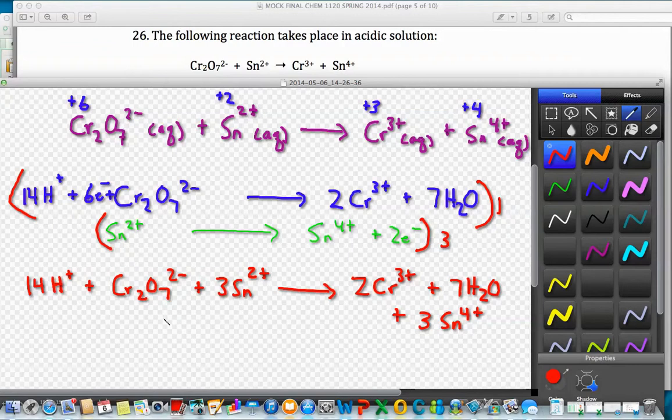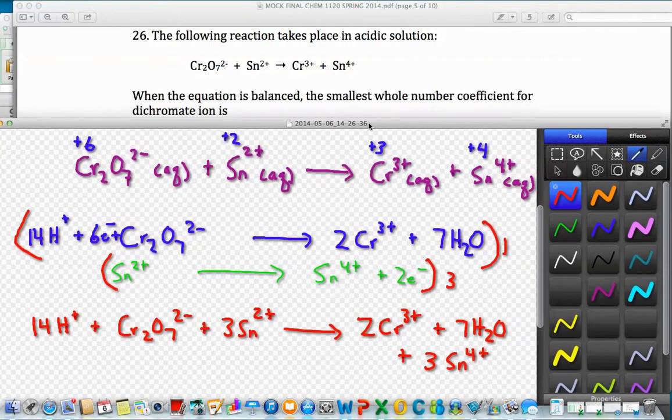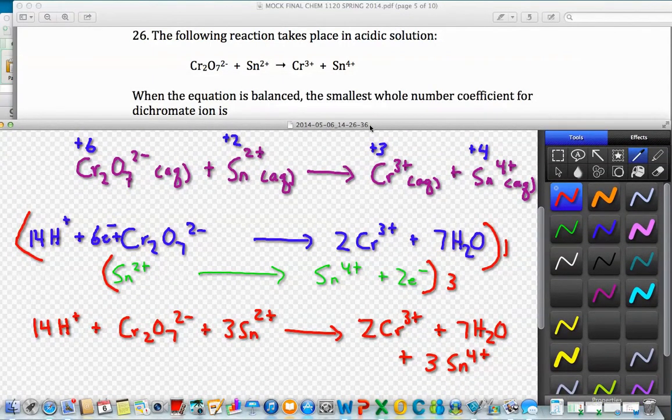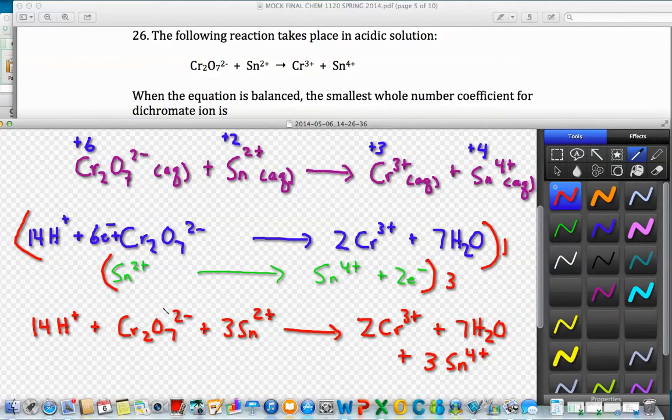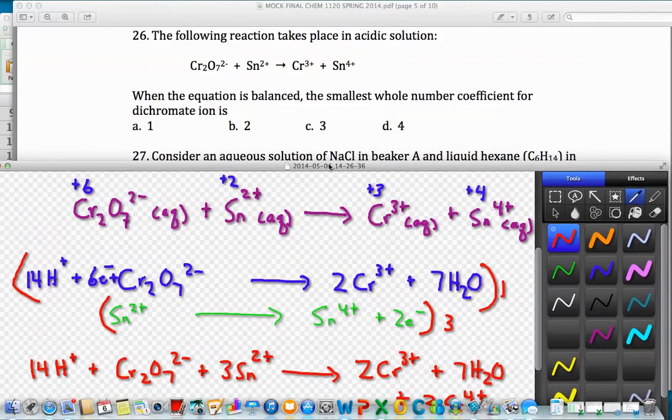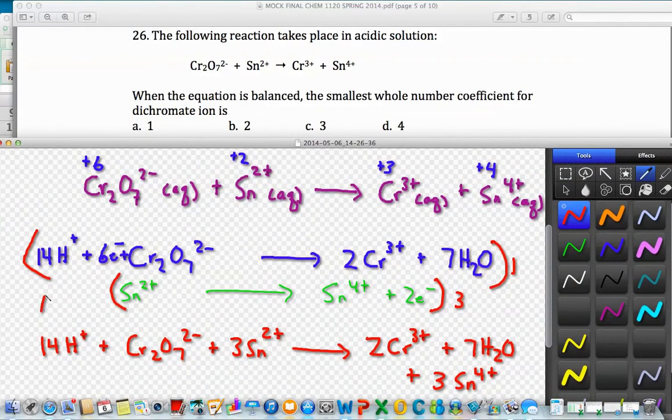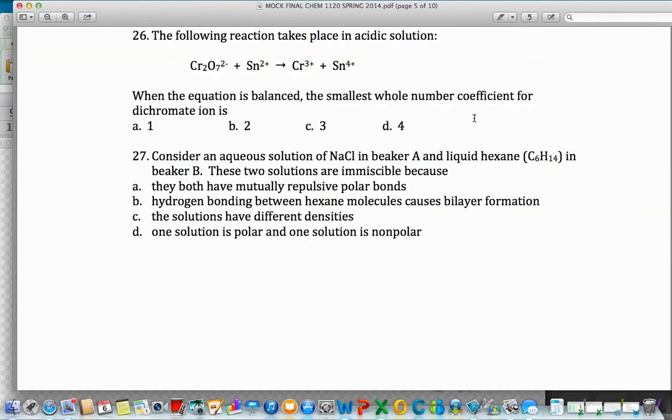So we have a +18 and a +18. The question asks the smallest coefficient for dichromate, and that of course is 1. That is answer A. So number 26, the best answer is A.